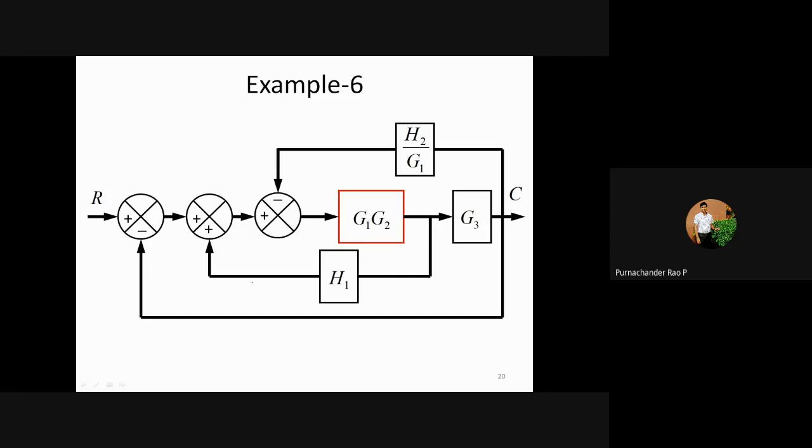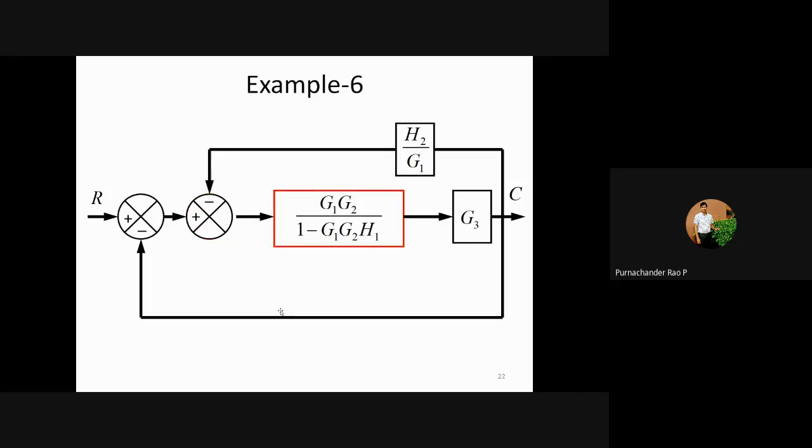Then after that, just interchanging the summing points. Here you see, these two summing points are interchanged. So this path will become the loop. So you can eliminate this, which is G1, G2 by 1 minus G1, G2 into H1.